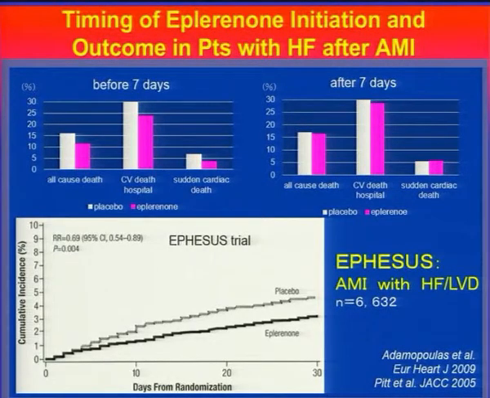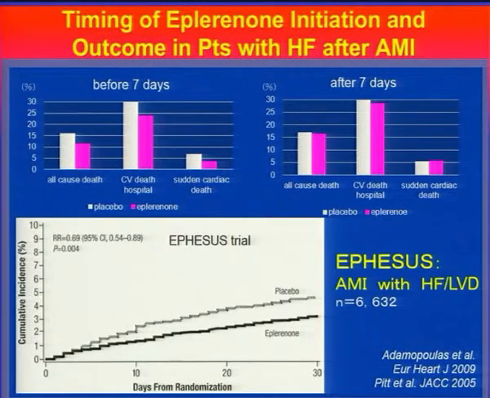And this is another interesting point: eplerenone is also an aldosterone receptor inhibitor. In the EPHESUS trial, an AMI trial of 6,000 people, it reduced the cumulative incidence of mortality and heart failure.